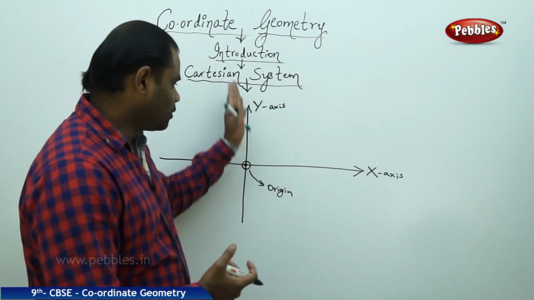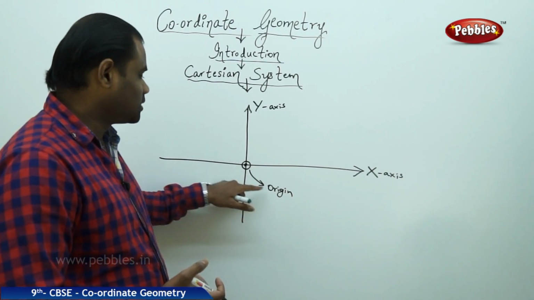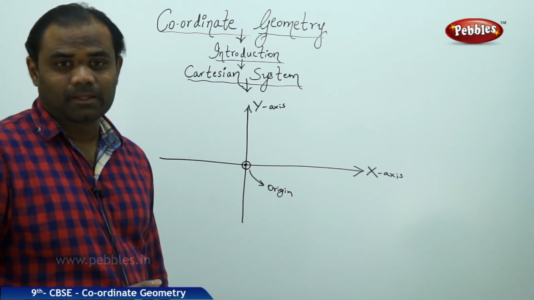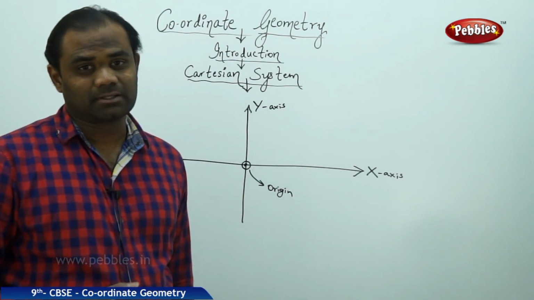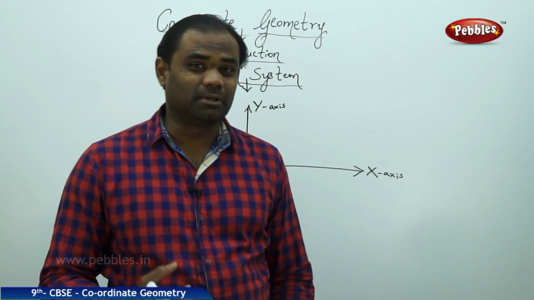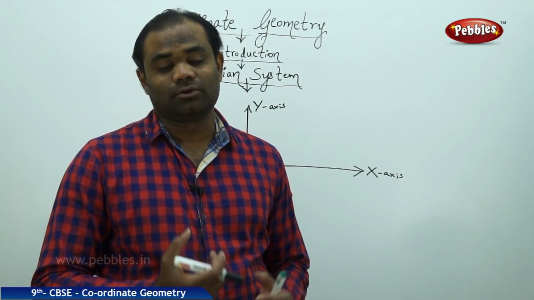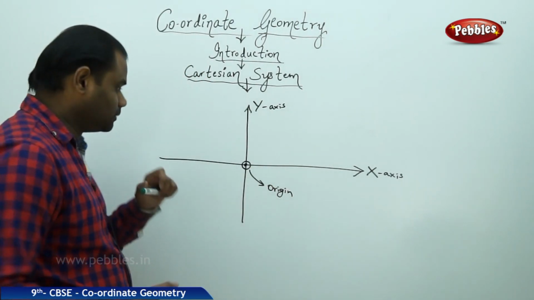So the intersection of the vertical axis and the horizontal axis is called the origin. The horizontal axis being called the x-axis, the vertical axis being called the y-axis, and the point of intersection of those two axes being called the origin is the rule of the coordinate system. Let's continue further.